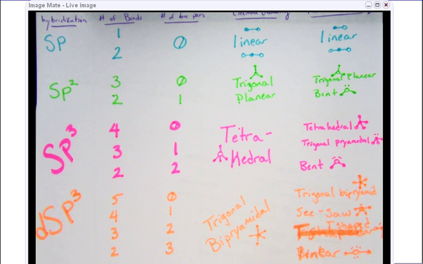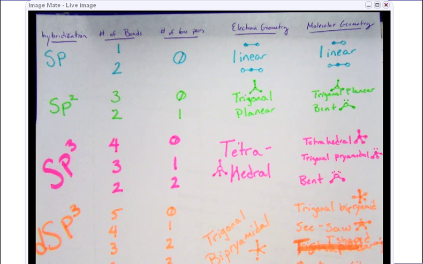However, molecular geometries are the geometries of each atom in correspondence to the central atom. And lone pairs kind of mess this up. Anytime that your number of lone pairs is 0, your electronic geometry and molecular geometry will be identical.